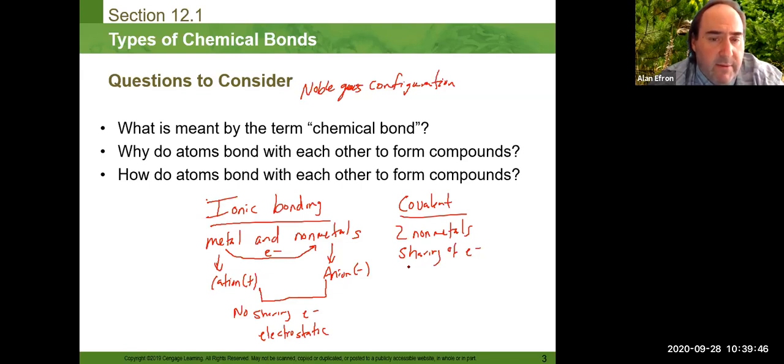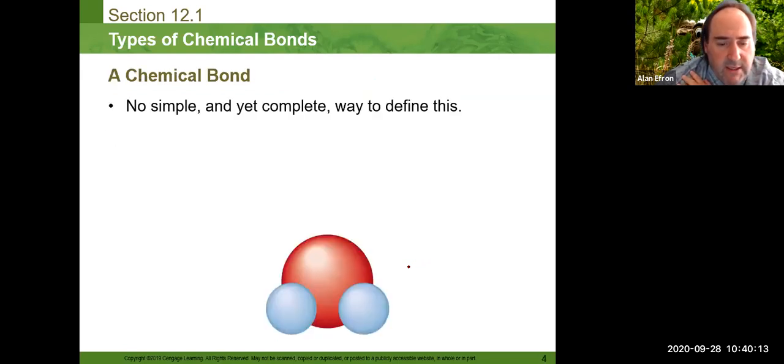That's different when two non-metals get together, because they are pretty close to each other on the periodic table, which means they have very similar properties. So the best they'll do is decide to share some electrons rather than transferring electrons. That's the major difference between those two types of bonding, which we're going to talk about in a little more detail in this chapter.